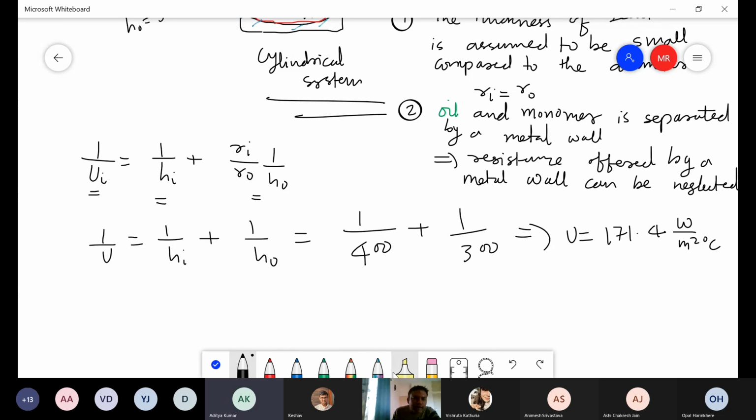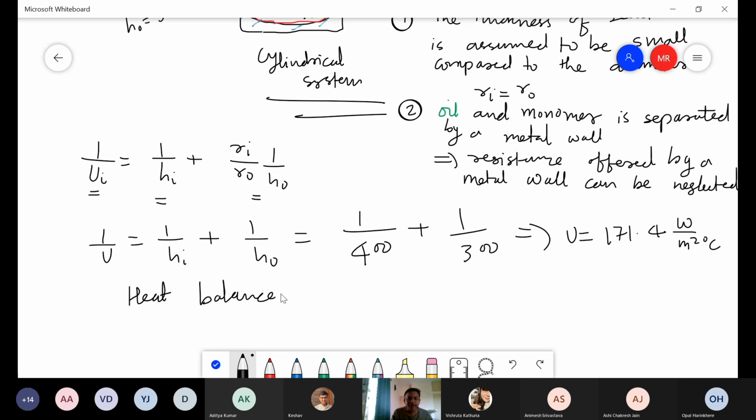So now make the heat balance. Remember what is happening here is the heat is getting transferred from the oil to the monomer, isn't it? Whatever heat is transferred from the oil to the monomer is going to increase the internal energy of the monomer. So the rate of increase in internal energy will be the same as the amount of heat transferred from the oil to the monomer.